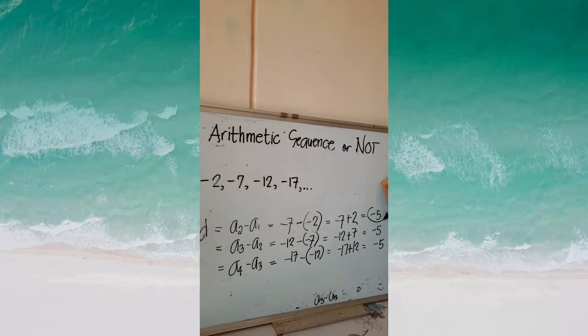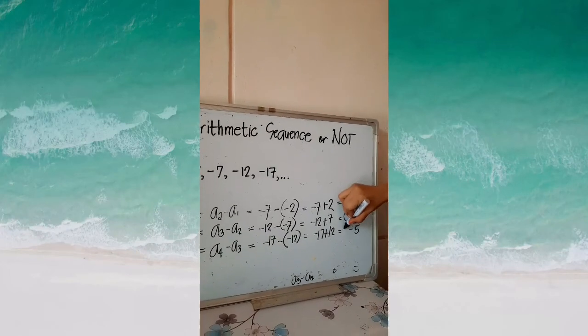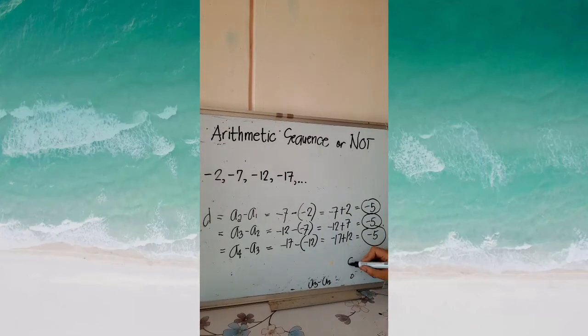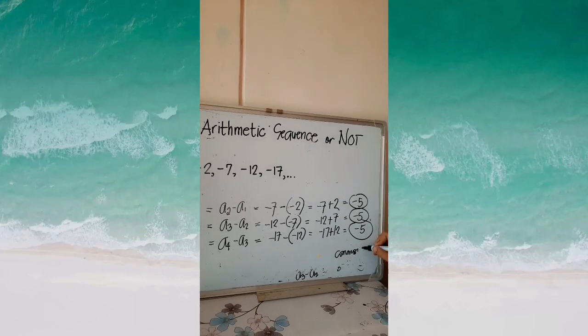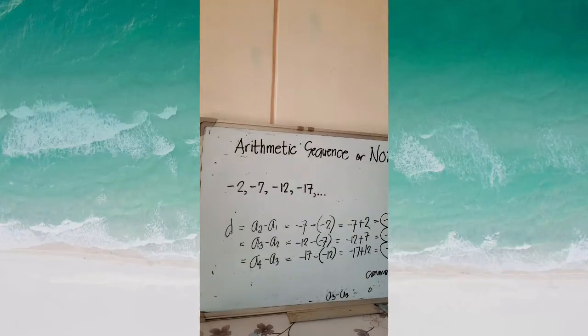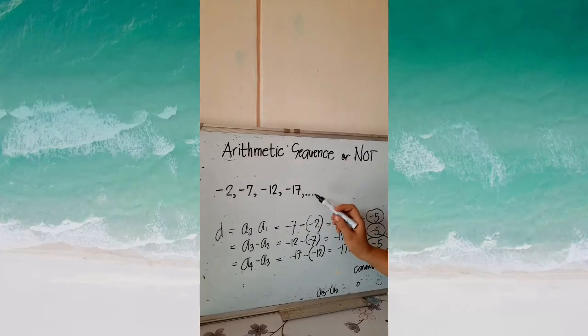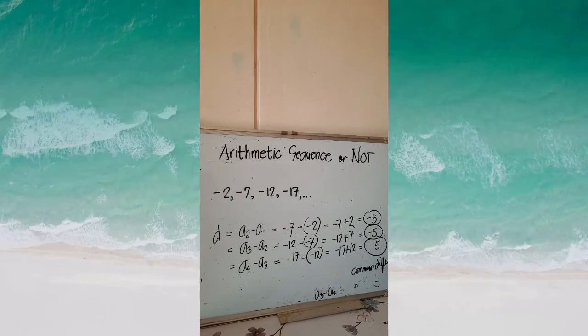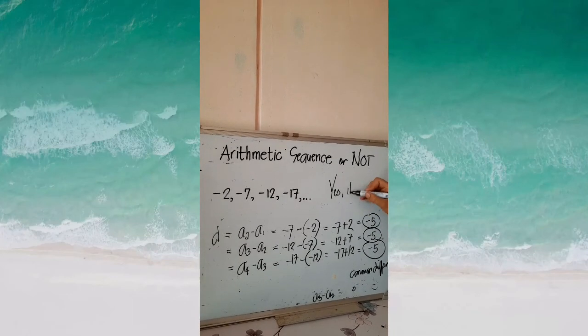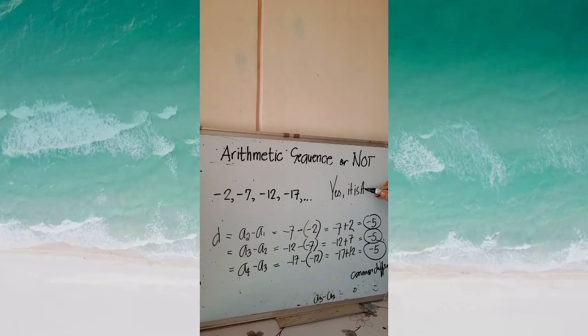Therefore, if you notice, they have the same difference. So they have what we call a common difference. Since they have a common difference, is this an arithmetic sequence or not? The answer is yes, it is an arithmetic sequence.